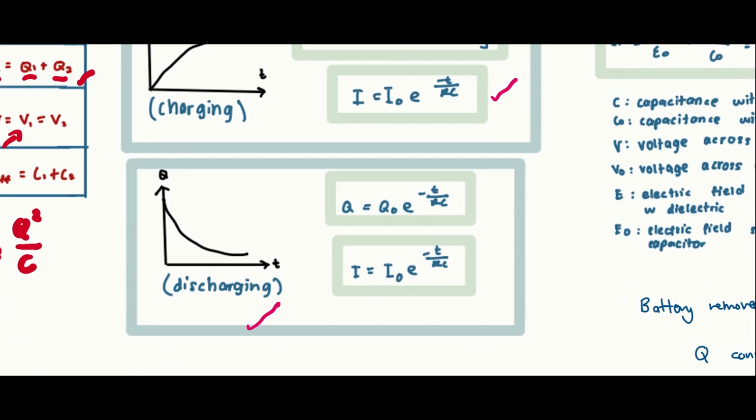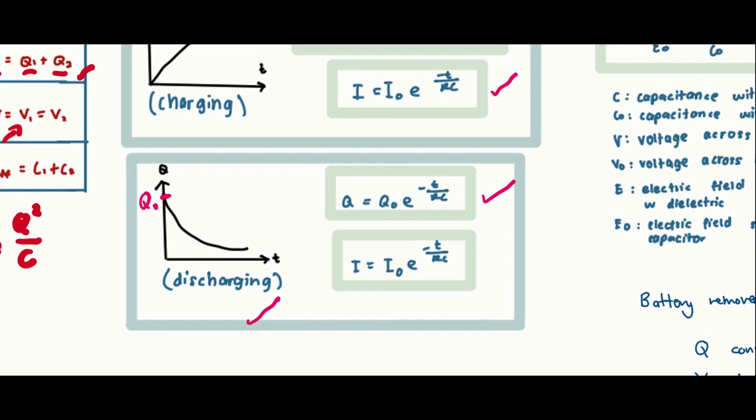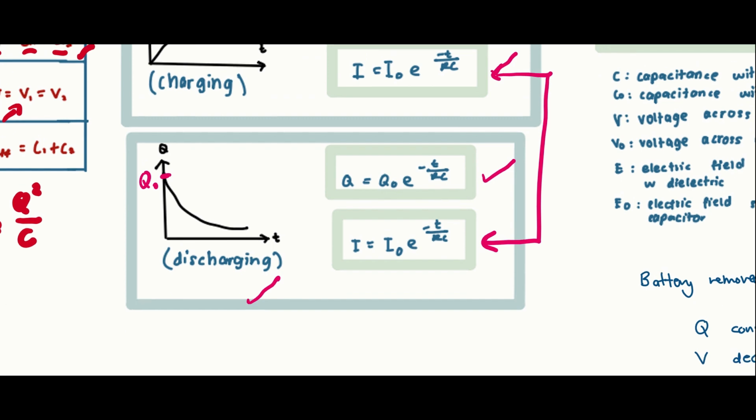And this is the graph of discharging. We remove the charge from the capacitor, so it starts with maximum charge until it reaches almost 0. This is the equation for charge for discharging. If you distinguish these two equations, they have the same form. When charging, the current is always decreasing, but for discharging, the current flows in the opposite direction, so the equation can also be negative I naught over RC.